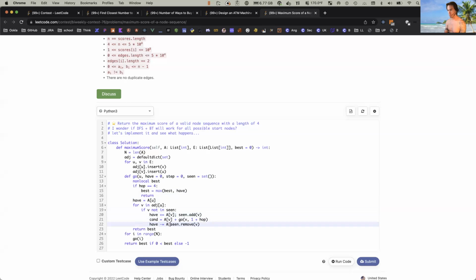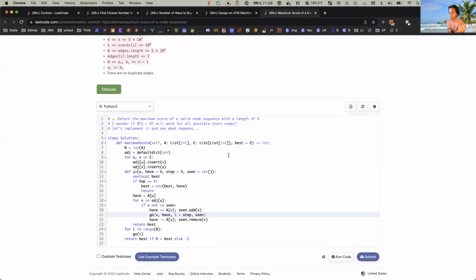Have minus equals A sub v. Go v, what we have, one more step. It's been seen. E is not seen. We've taken 4 steps, and that's the best of what we have. Okay, that was right. I said DFS with backtracking.